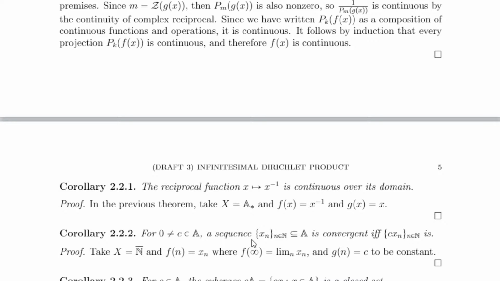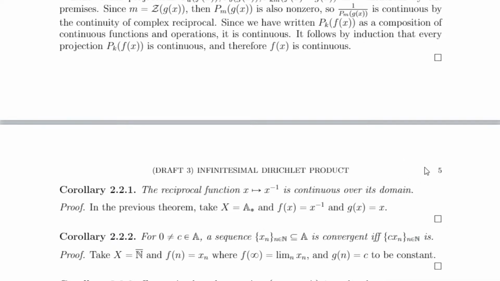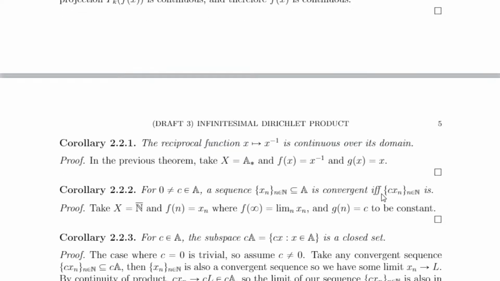So this sequence will be convergent if and only if this other sequence is convergent. And that's super useful to us. The way that we'll end up using it a lot is that this lets us have limits be linear.